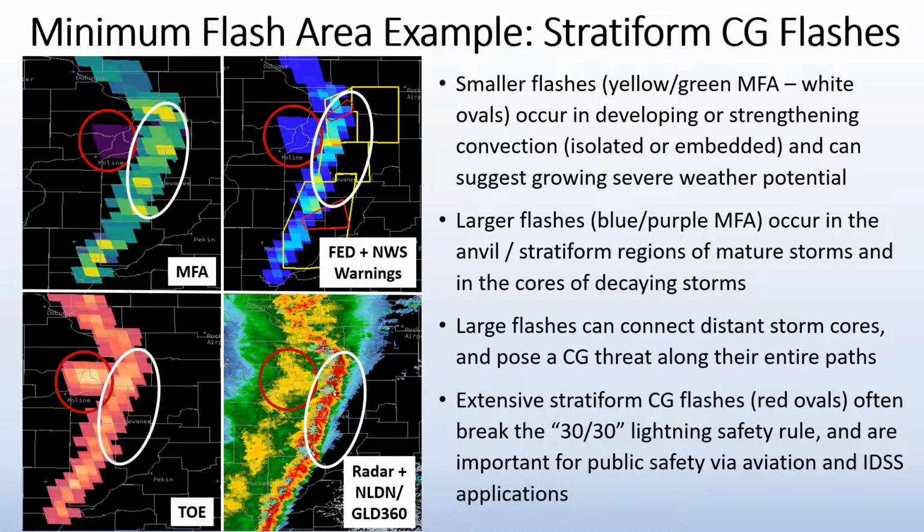So the MFA can highlight the fact that those CG flashes are occurring and can be an issue with that system going forward. So in that context, it's important to be able to understand how and when these stratiform CG flashes are occurring from an aviation and IDSS standpoint.